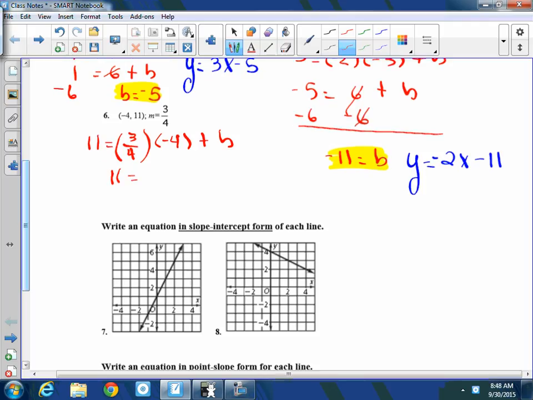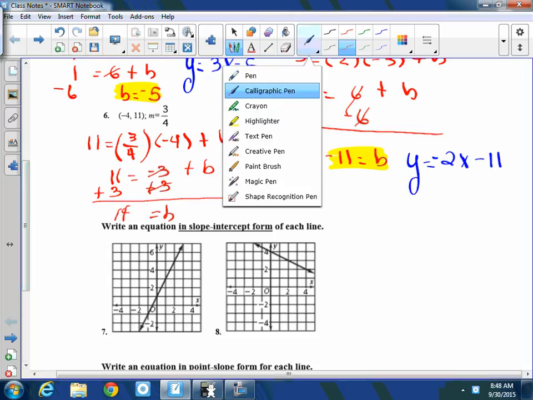The 4's cancel out. With me? Okay, what's my next step? Plus 3. That's 0. And then what's 11 plus 3? 14. Now I have everything that I need.